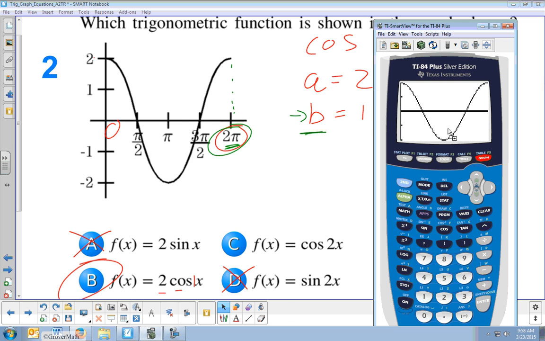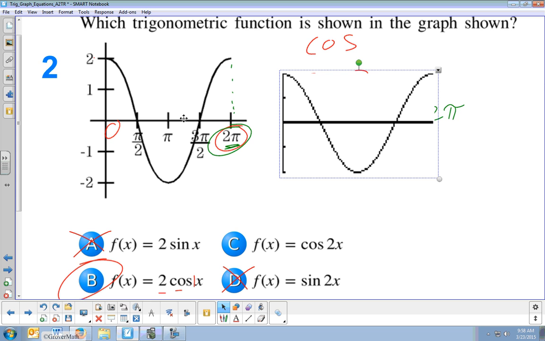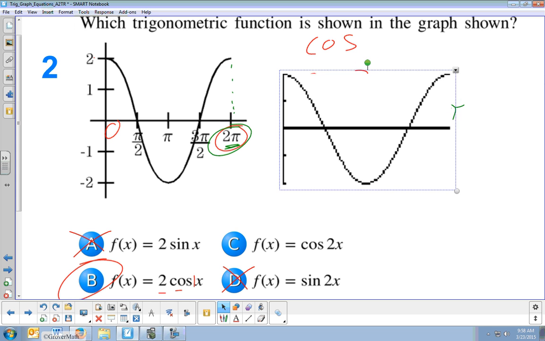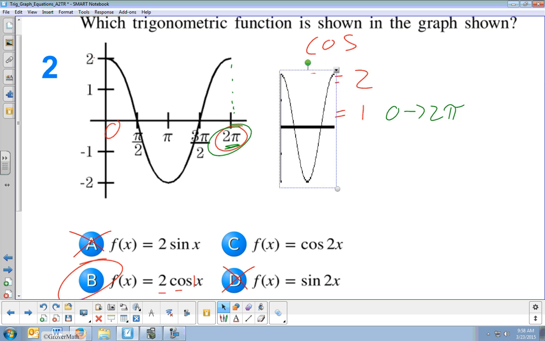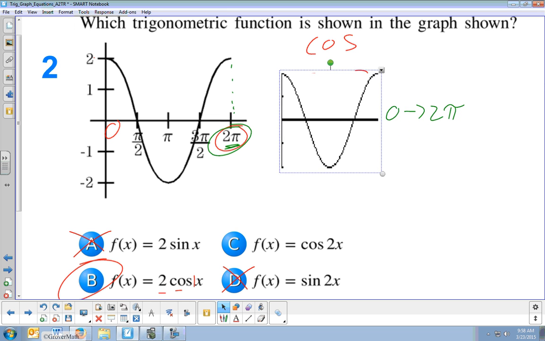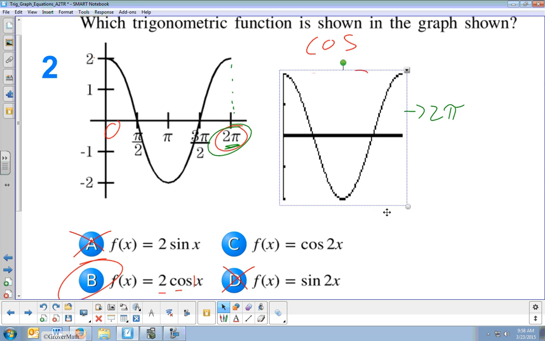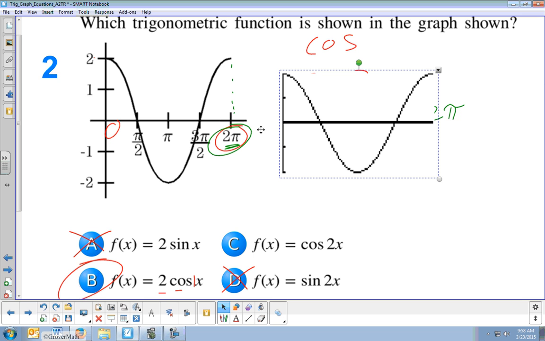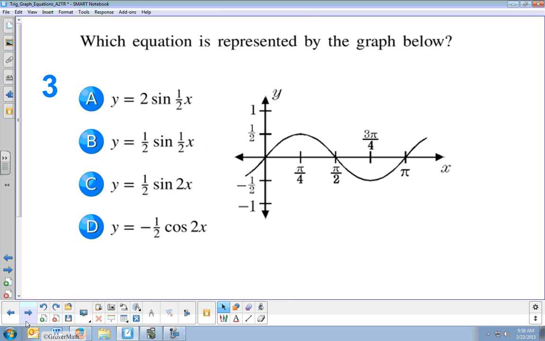Yes, it does. So you can compare graphs. Now, again, this one maybe looks a little stretched this way, so it's not always going to match perfectly, but you could get a good idea if it is right. Do you have the same amount of cycles and so on? So we'll be graphing these to check our work. Number 3.